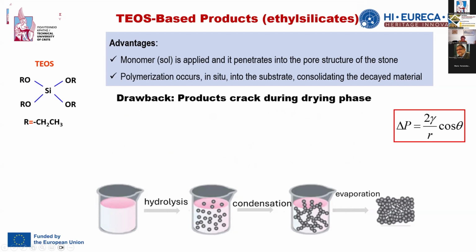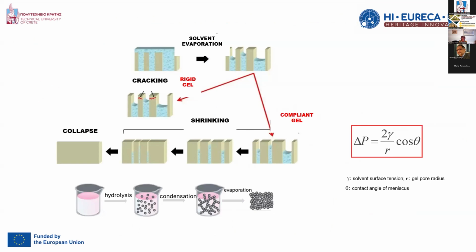But there is a great drawback with these products. The great drawback is that after the solvent evaporation inside the pores of the concrete, here we have a system of pores of concrete in which the colloidal solution has been applied.